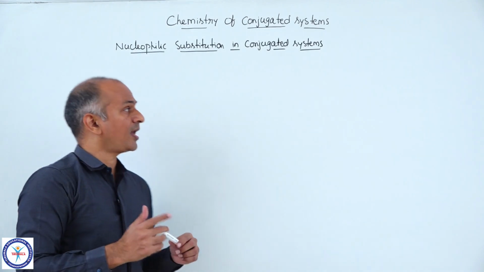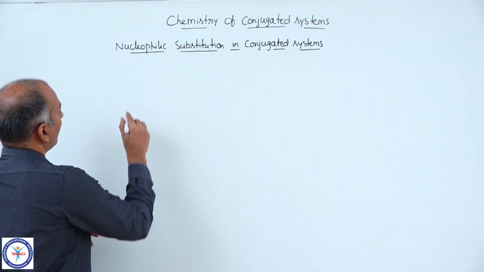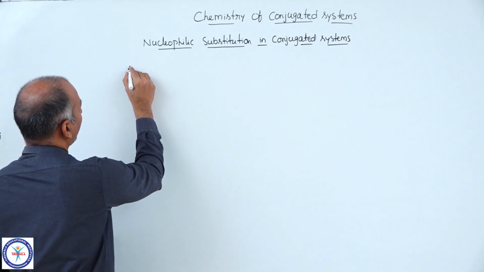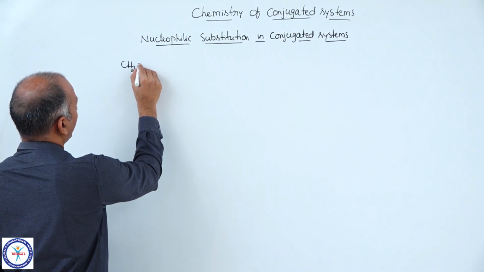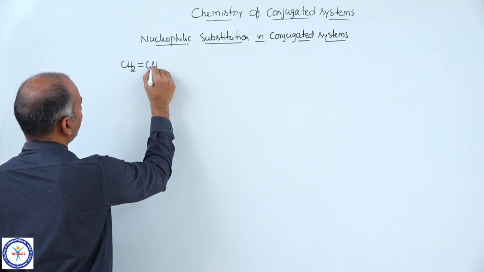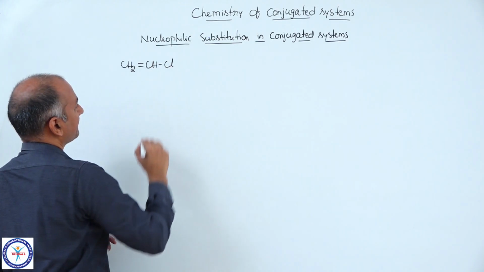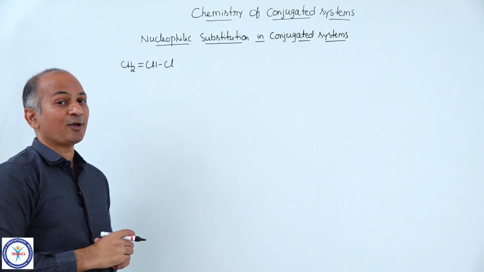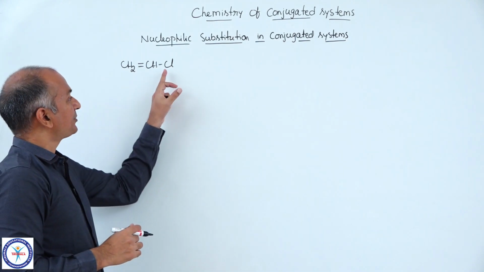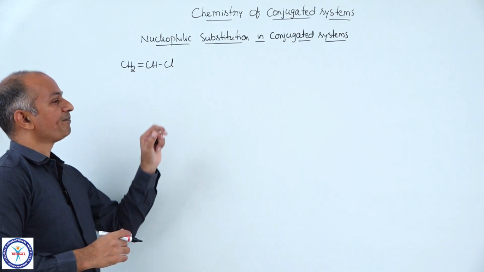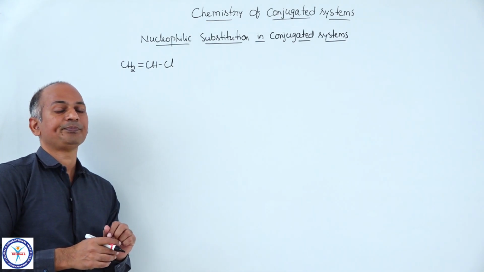Okay. All of you recall, suppose if you have CH2 double bond CHCl, vinyl chloride. Now can you substitute this chlorine with any other group?